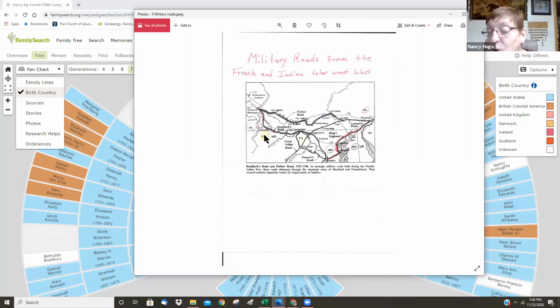Okay. Well, they did not travel on paved roads. They were very much pioneers. One of my families had been in Eastern Kentucky, and then they moved to Indiana and then to Eastern Illinois.